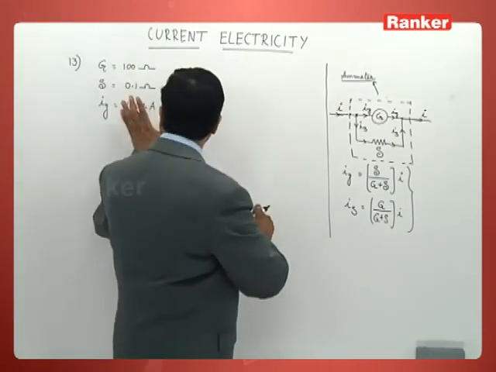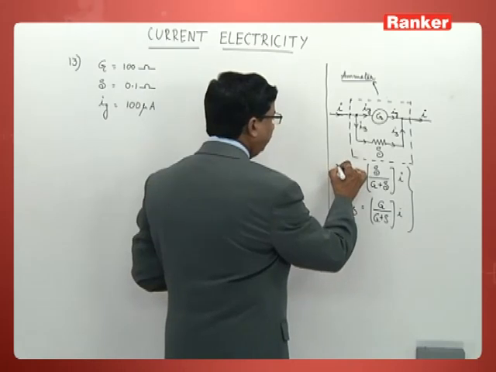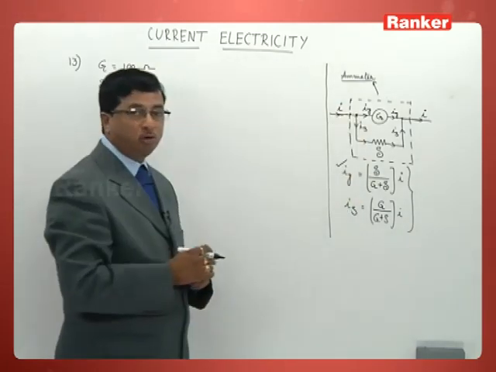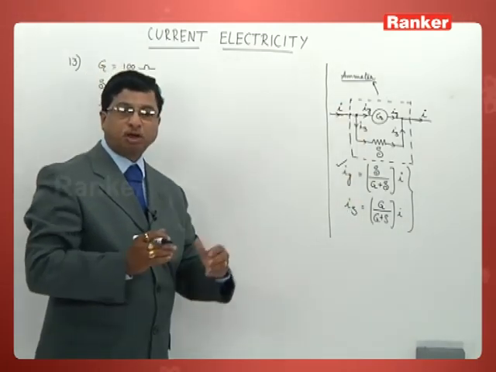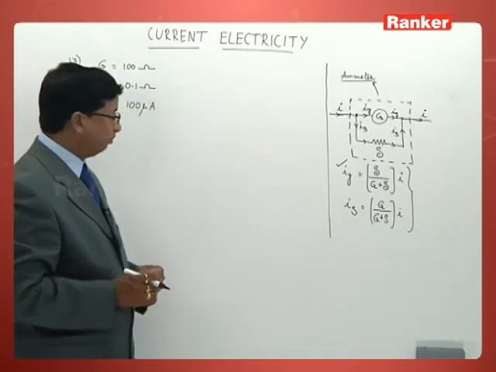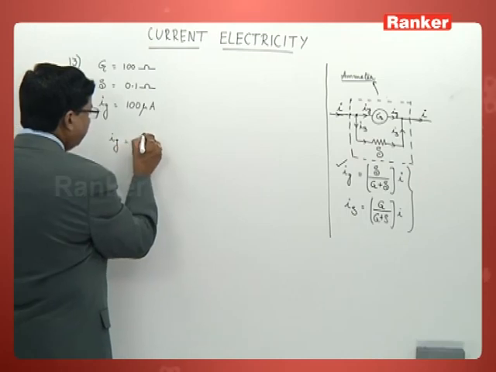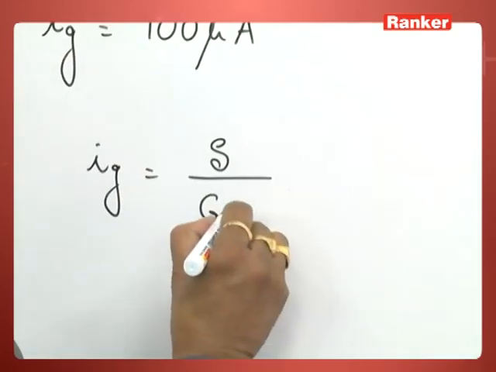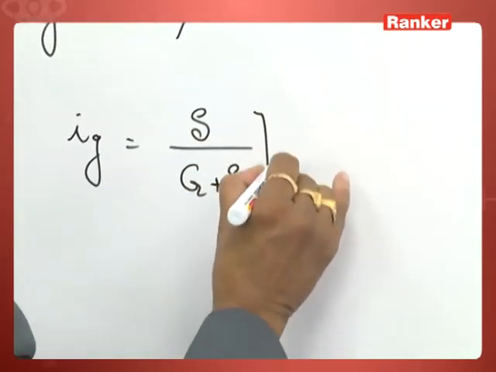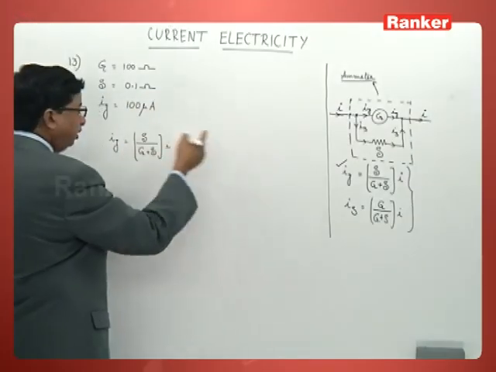So, in this particular problem, this is the formula which is going to hold good. So what we have to check, look at. We know now Ig = S/(G+S) × I. That is the formula I have brought.